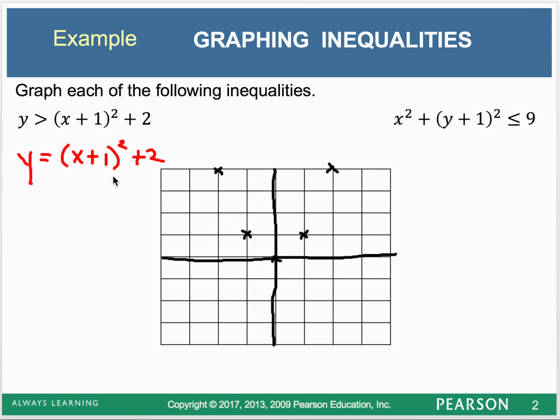And then I'm going to move every one of those points left 1 and up 2. Okay? Now, do I draw a solid line or a dotted line to connect those dots? It does not have the equal sign as part of the problem, so it is a dotted line.